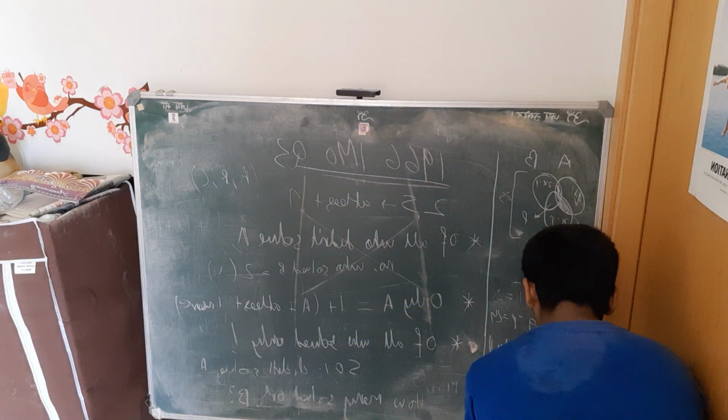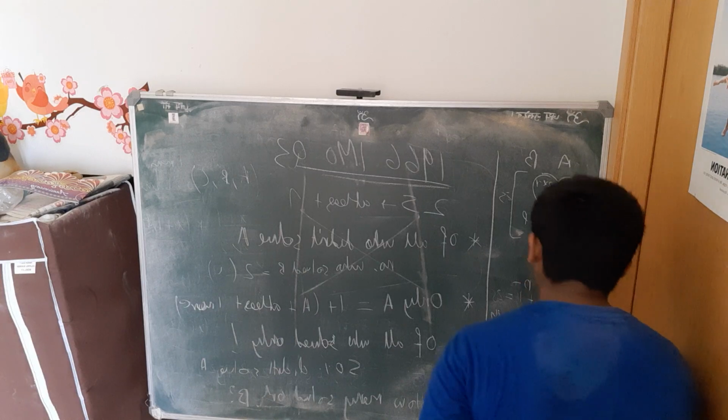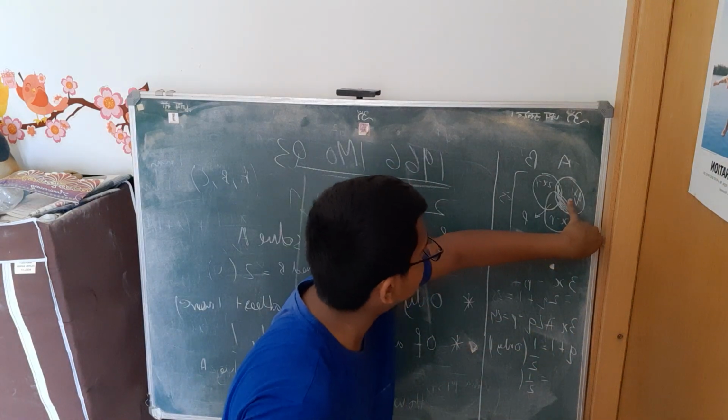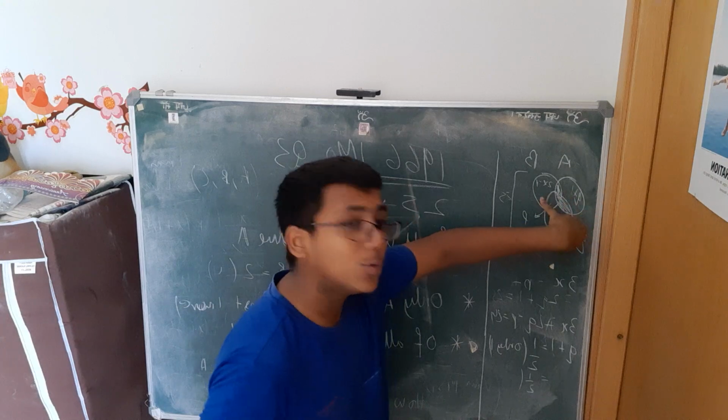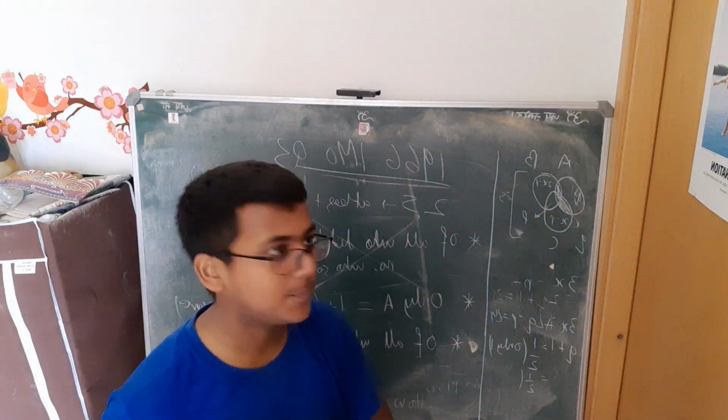Therefore, q plus 1 equals half into, now only one will be these three regions: q plus 1, 2x minus p and x minus p.